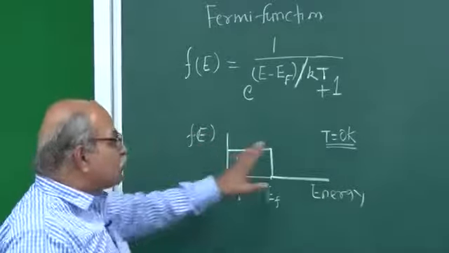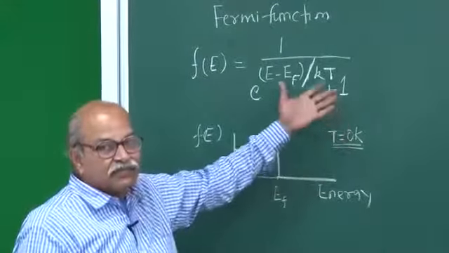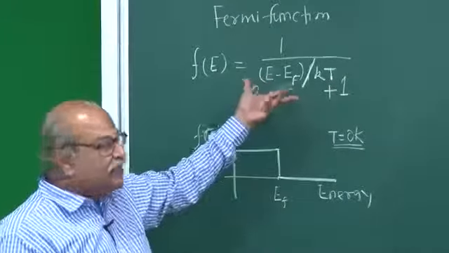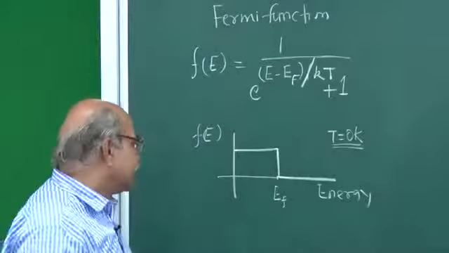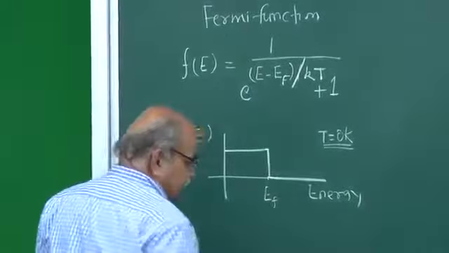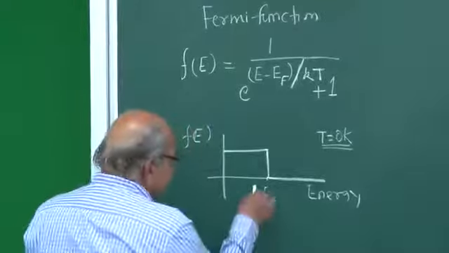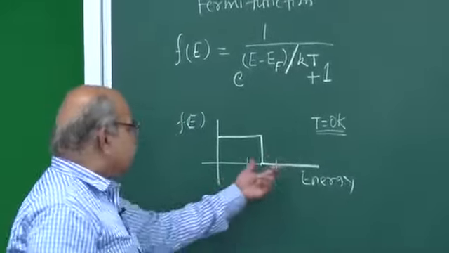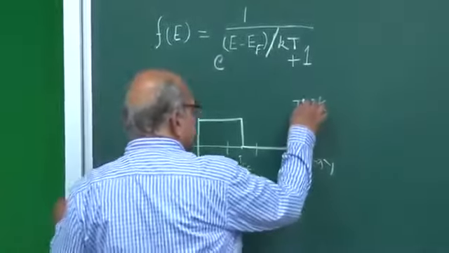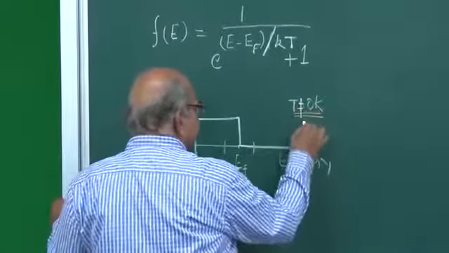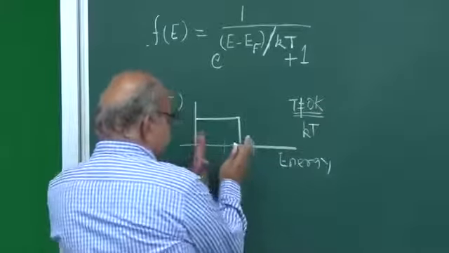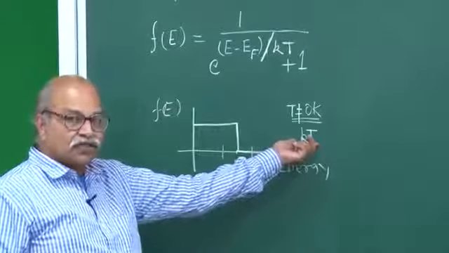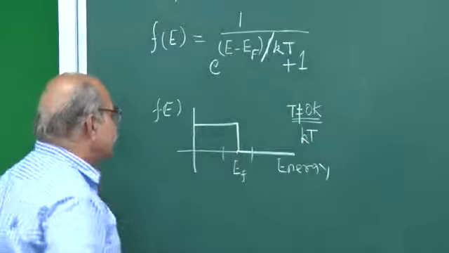What happens if you go to a higher temperature, some other temperature, 300 K, room temperature? Then this function is definitely changed. But the change is in a very small region close to this EF, say a few kTs. If T is not equal to 0, you have to see how much kT is on this scale, and only in this order of energy width do things change.